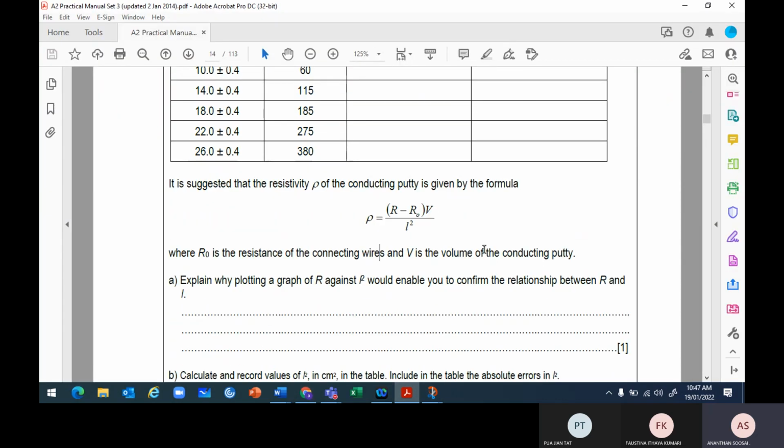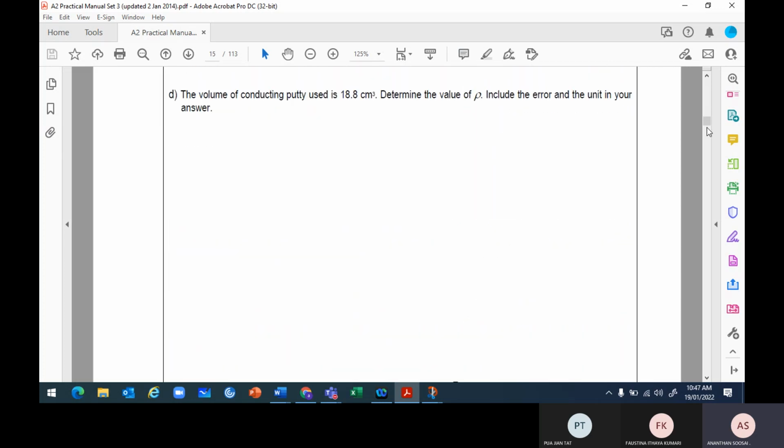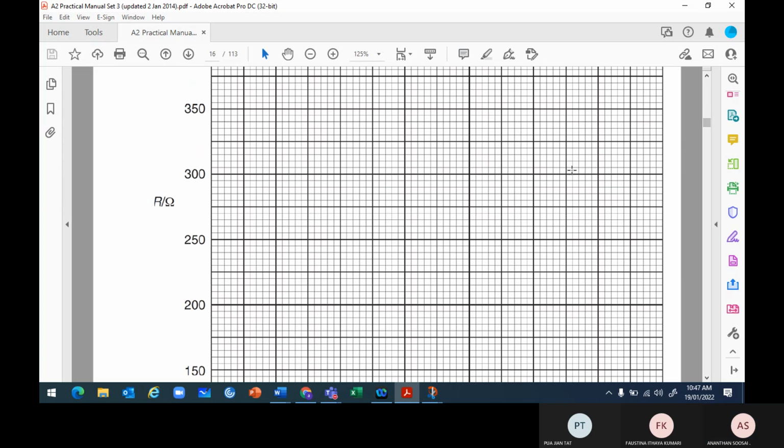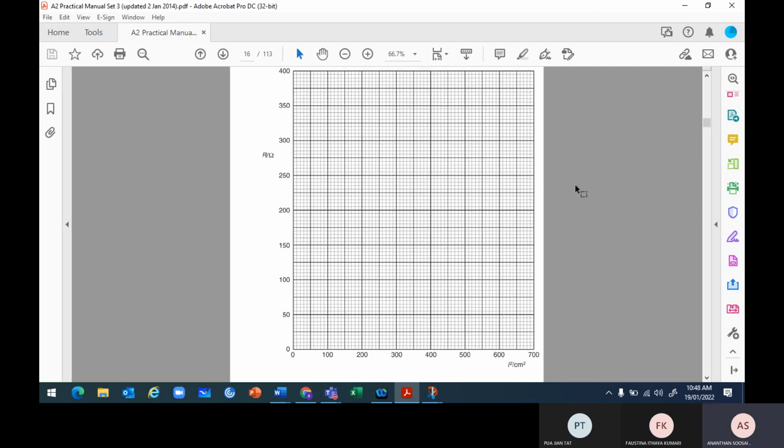Because some of you are using external graph paper, please use this scale.